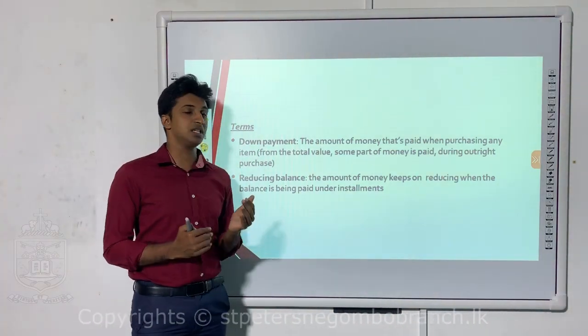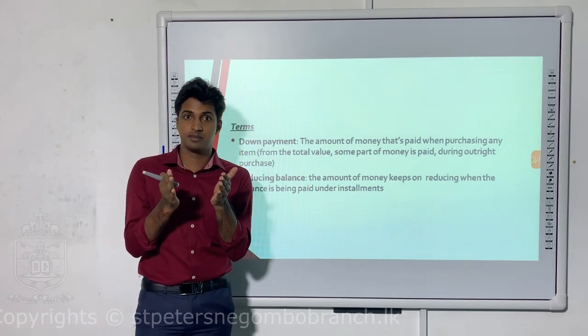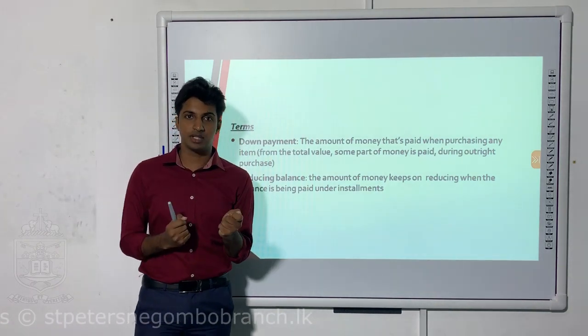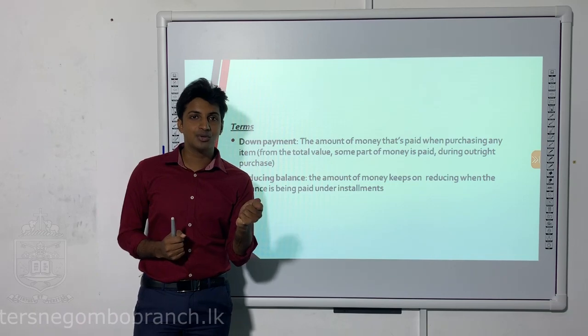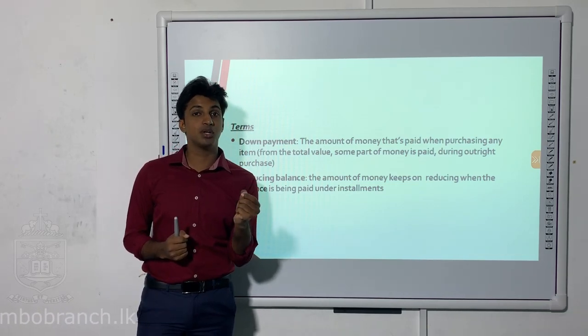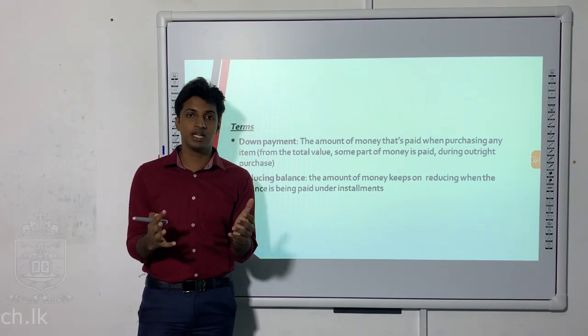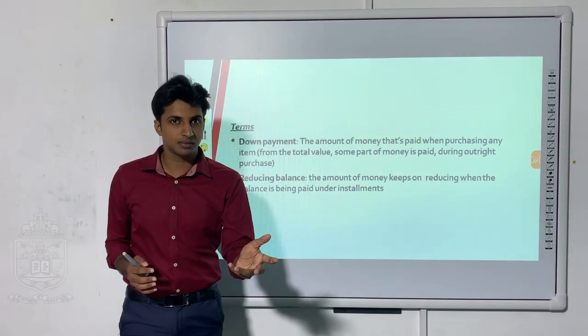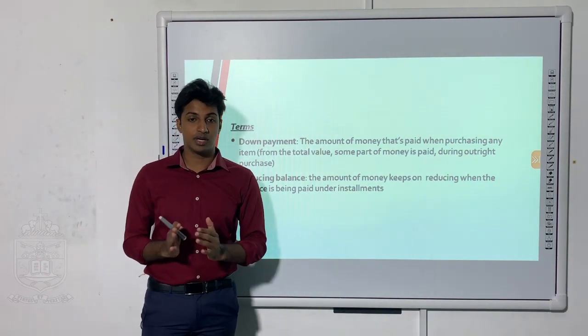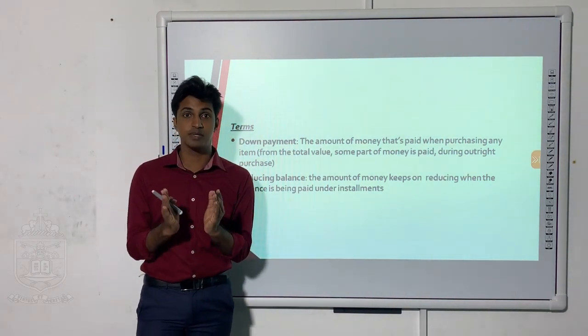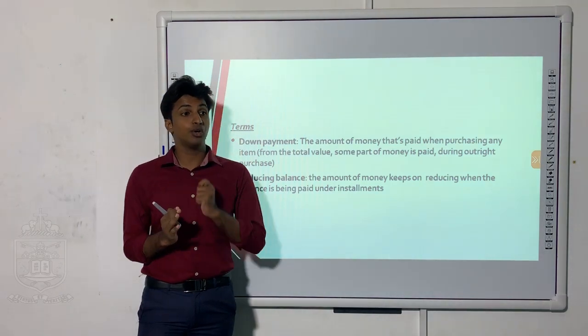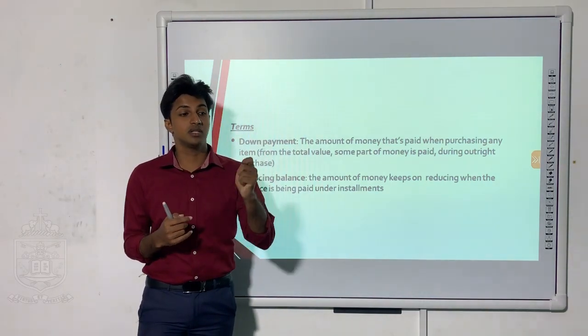This complete lesson is based on this concept: you buy something with an outright purchase, that is, at the very place where you buy that item, you pay an amount from the total amount. If the washing machine is rupees 50,000, I will pay 20,000 at the very beginning.